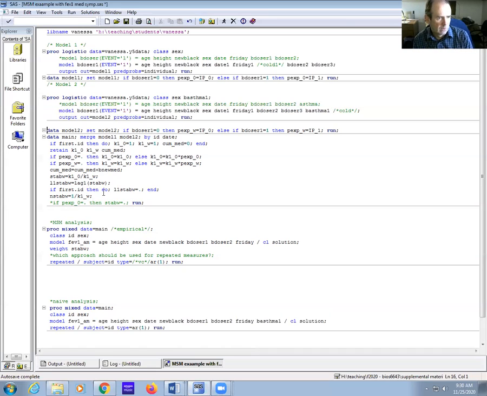And then we create a stabilized weight here based on these two initial logistic regressions, and we use that weight in the marginal structural model.